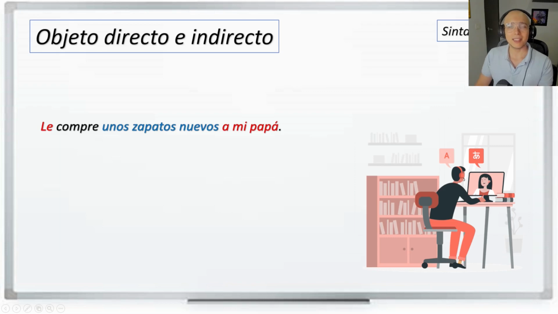Now, let's take a look at this example and we say, le compré unos zapatos nuevos a mi papá. Let's repeat that. Le compré unos zapatos nuevos a mi papá. Now, when we talk about the third person, guys, there is this particularity of Spanish that is called sintagma doble.